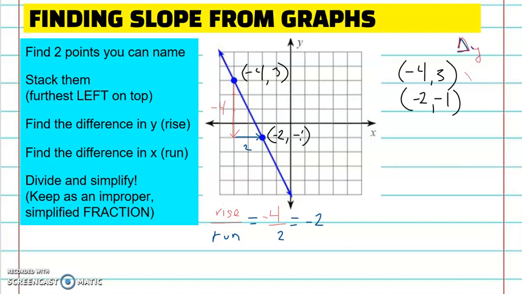So we go change in y. So my y values, 3 to -1, that's -4. And then my change in x values, so -4 to -2, oh, I'm going up by 2. So then I can do my change in y over the change in x is going to be -4 over 2, which reduces to -2.